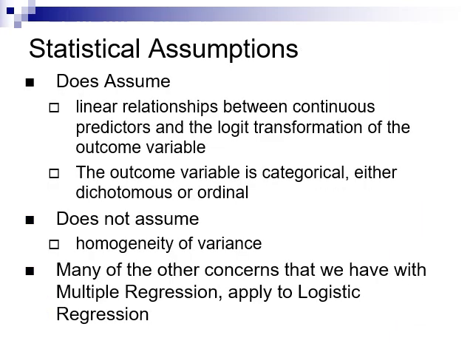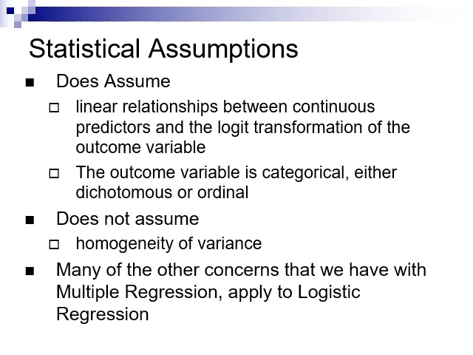So, statistical assumptions. It does assume a linear relationship between the continuous predictors and the logit transformation of the outcome variable. Because it is ordinal, there is an order to it. At that point, we would expect some form of linear relationship, but we'd also not expect it to be normally distributed, which is why we do a logit transformation, and then we look to see if it's linear.